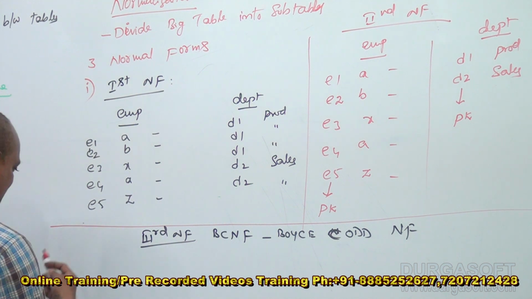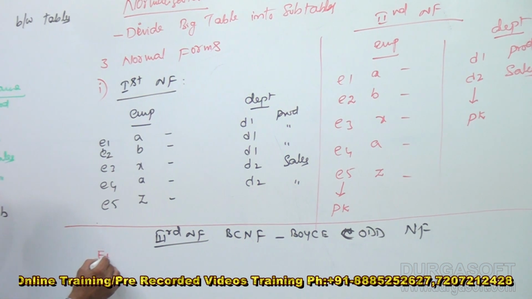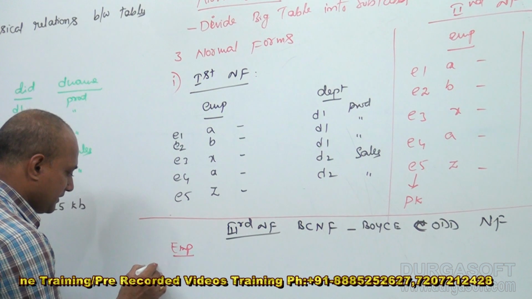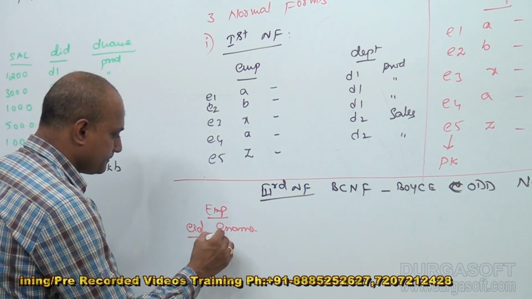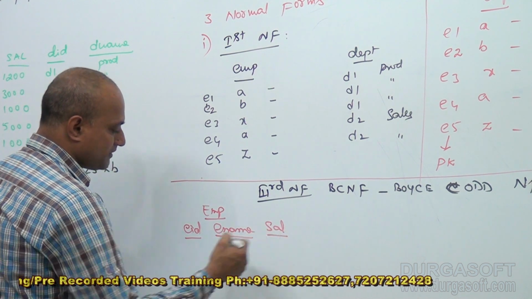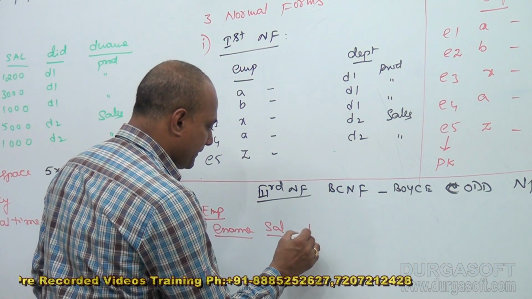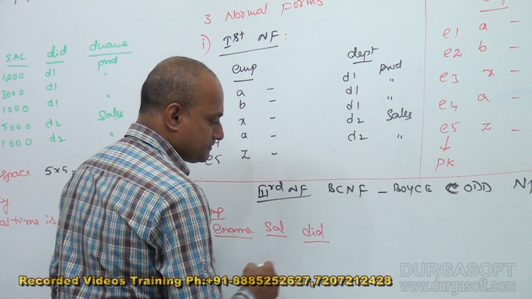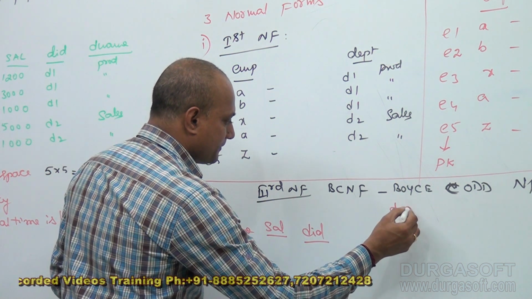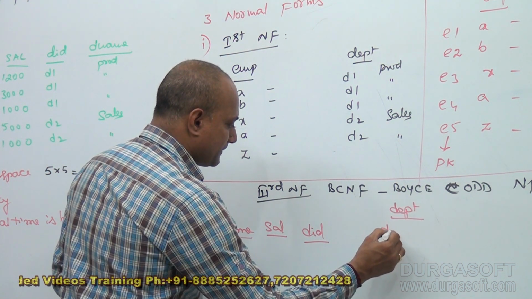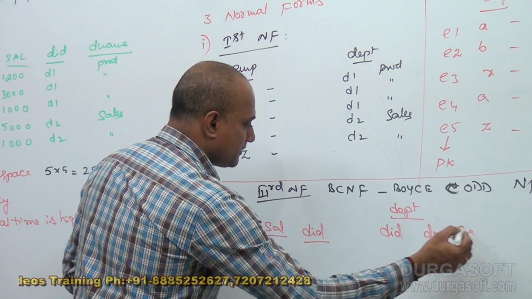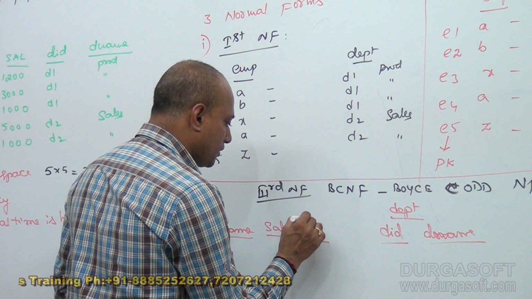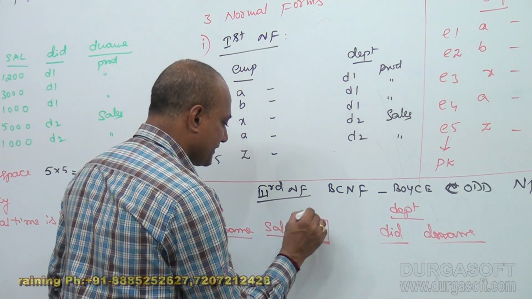See here, EMP table, employee ID, employee name, salary, and here I want to implement department ID. In the DEPT table, department ID, D name columns. So here you are implementing a new column. This is called a foreign key column.